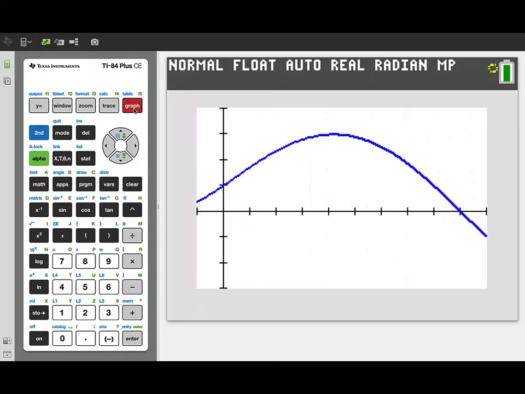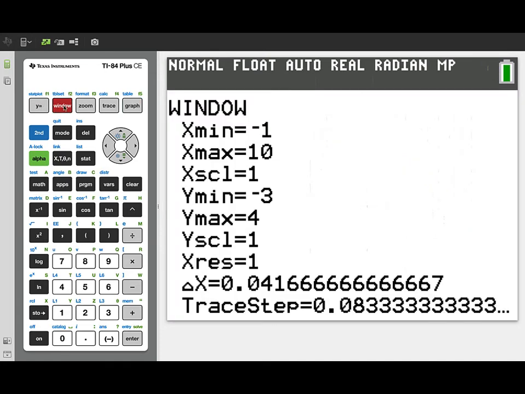So we take a look, there was our original graph, and now this will take some time because it's actually calculating a definite integral for each x value. And we can see that quite a bit of the graph is off the screen. So I'm going to change our ymin and ymax. Let's go ahead and triple the values on ymin and ymax so we make sure we get the entire graph on screen.